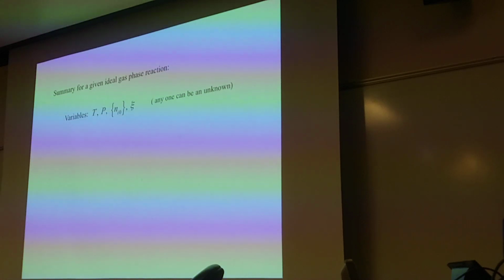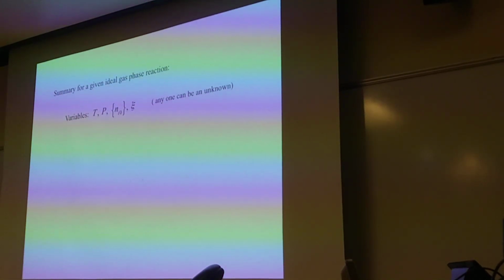So, a summary for a given idea, here I kind of want to make a point. What we've obtained ultimately when I put all of the information together is a relationship between the variables, which are the temperature, the pressure, the initial inventory, and the composition as given by Xi. So we've got 4 variables and a relationship that relates all 4 of them.